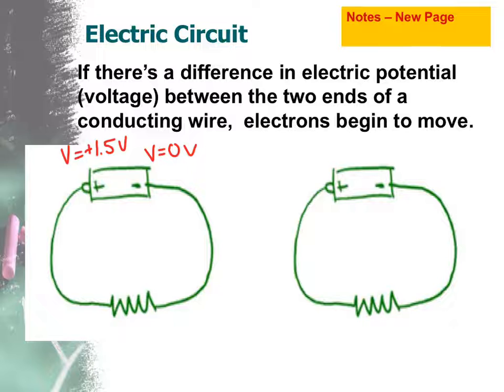Well, if that happens and our wire has been chosen to be a good wire, then we're going to observe that electrons flow. Now, there's a reason I drew two circuits on here. Back in the 18th century, when people were first starting to research this stuff, they had no idea what an electron and a proton were.